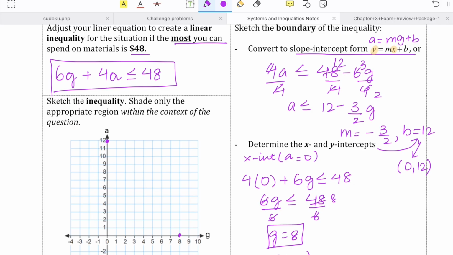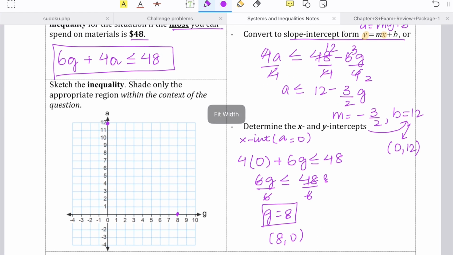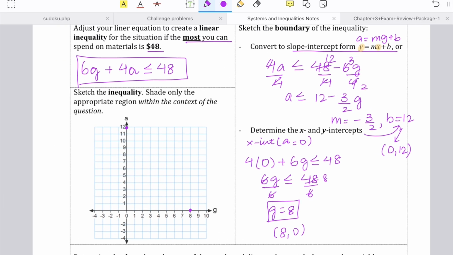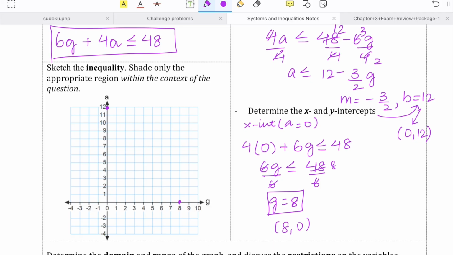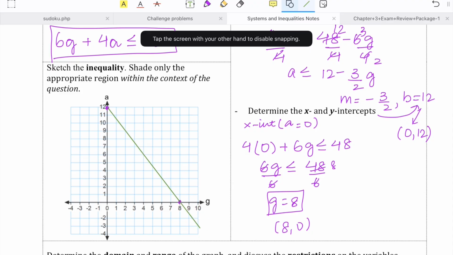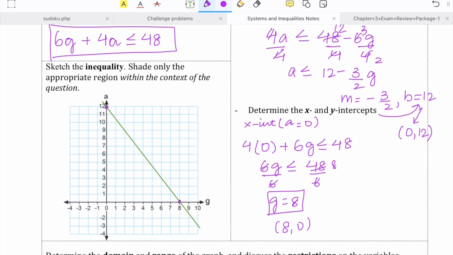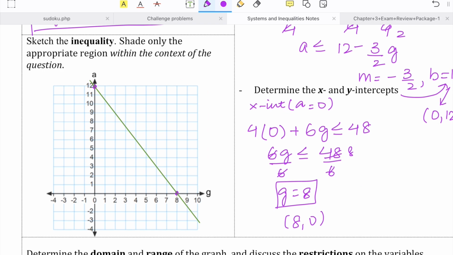Now I need to figure out the placement of my line. Will I have arrows over here?